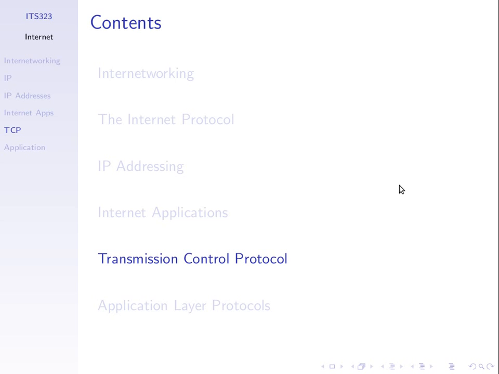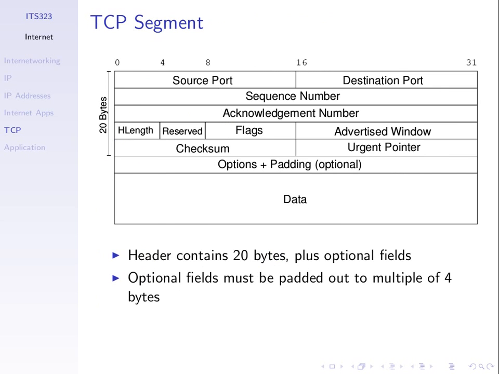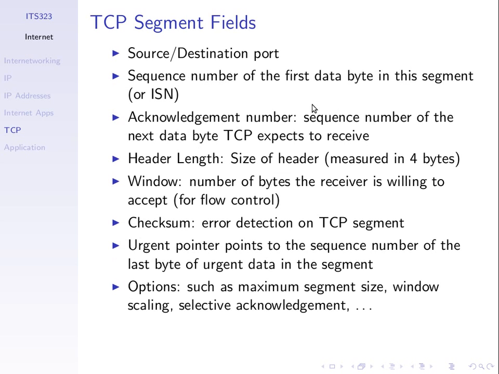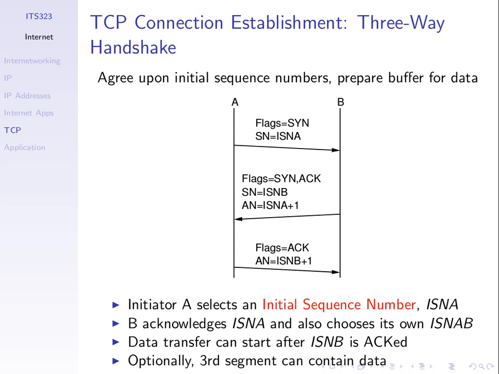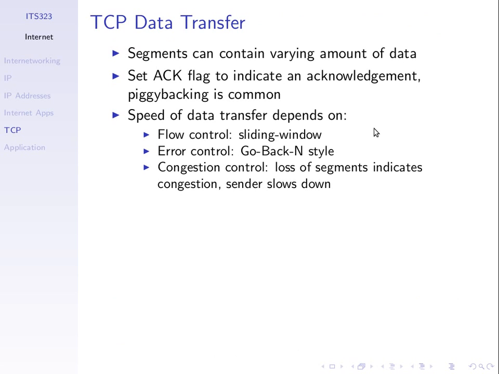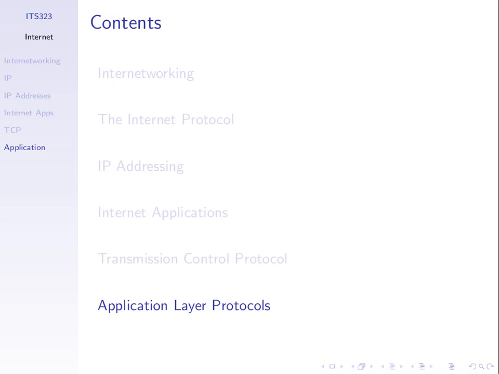So TCP we will not cover, but you should look at the header format. It contains the source port and destination port. It uses flow control and error control like you just studied in the assignment. It sets up a connection before we send data, which we'll study again next semester, and has some complex mechanisms for data transfer.